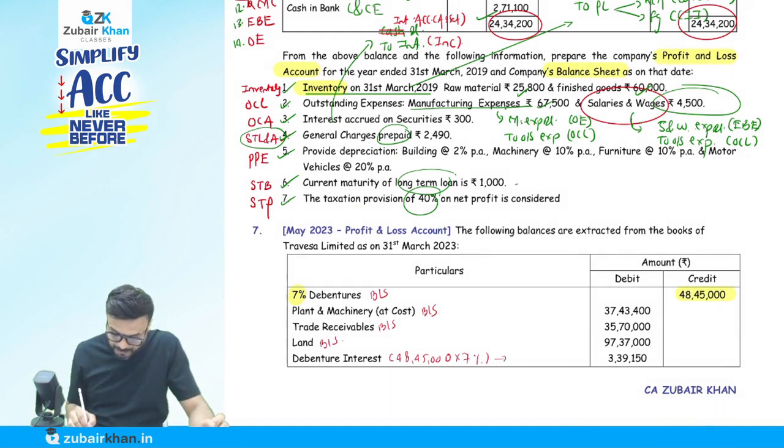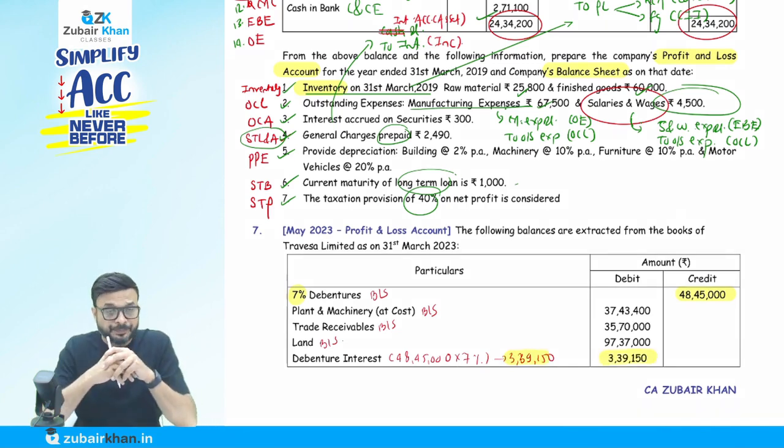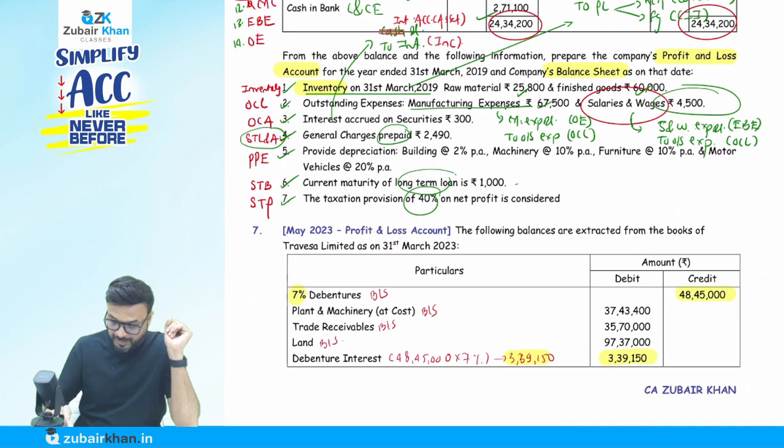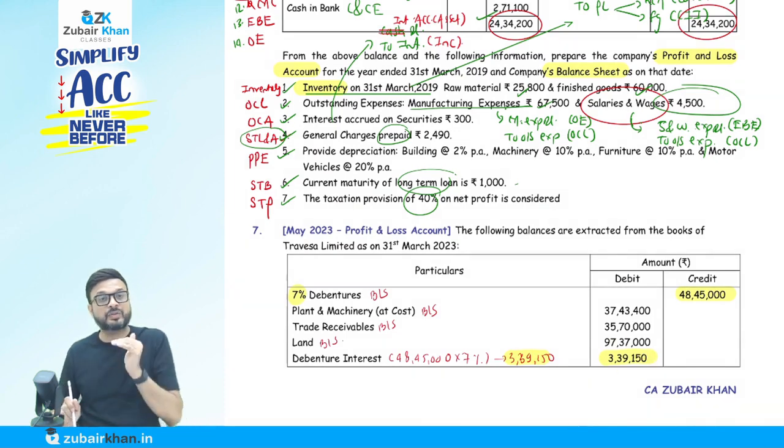It is coming 3,39,150. You can see the exact amount, 3,39,150. Suppose the amount of interest which is appearing is 3,39,150, then the actual amount of interest should also be 3,39,150.